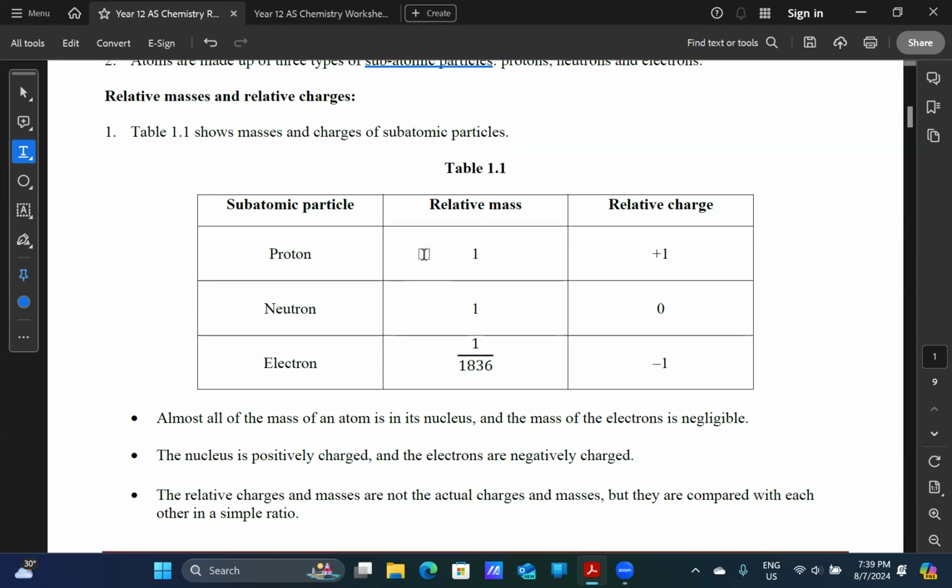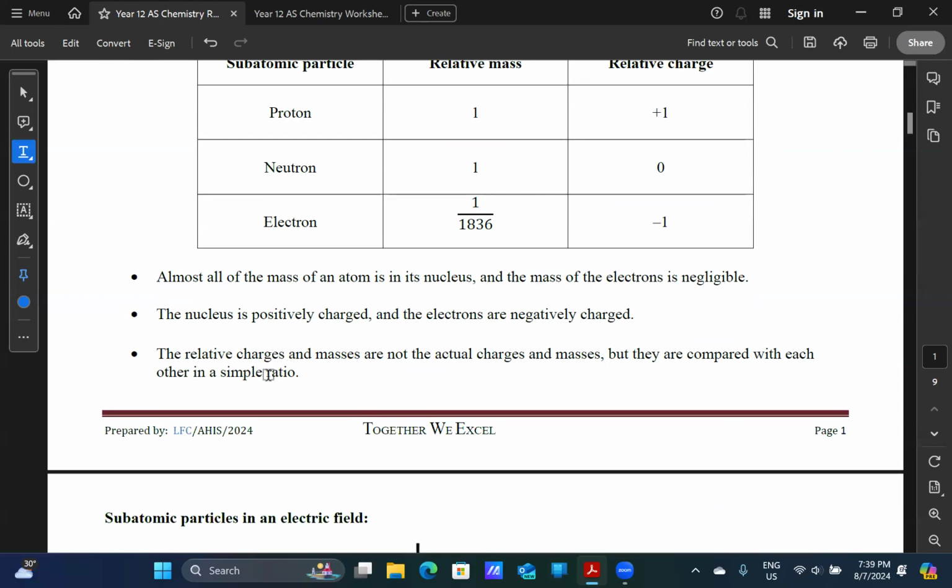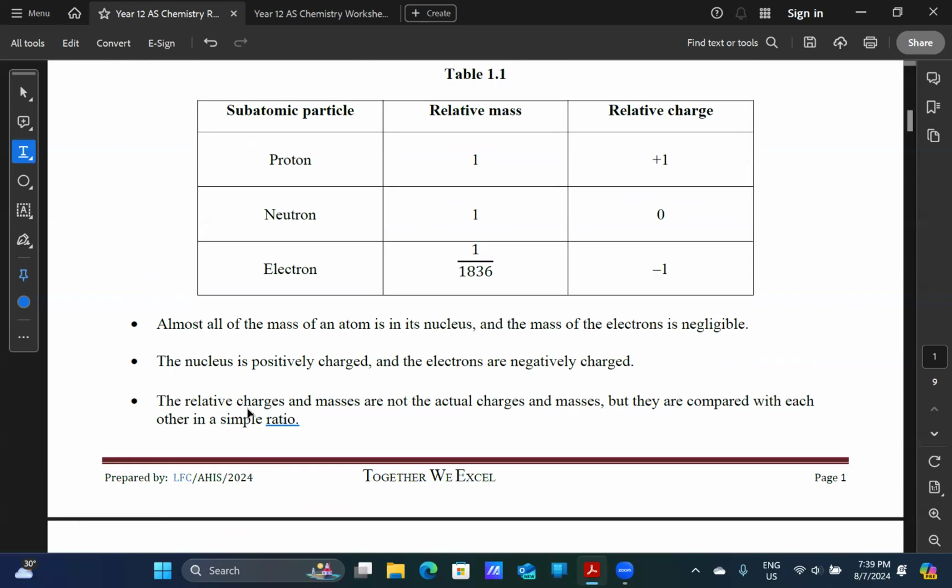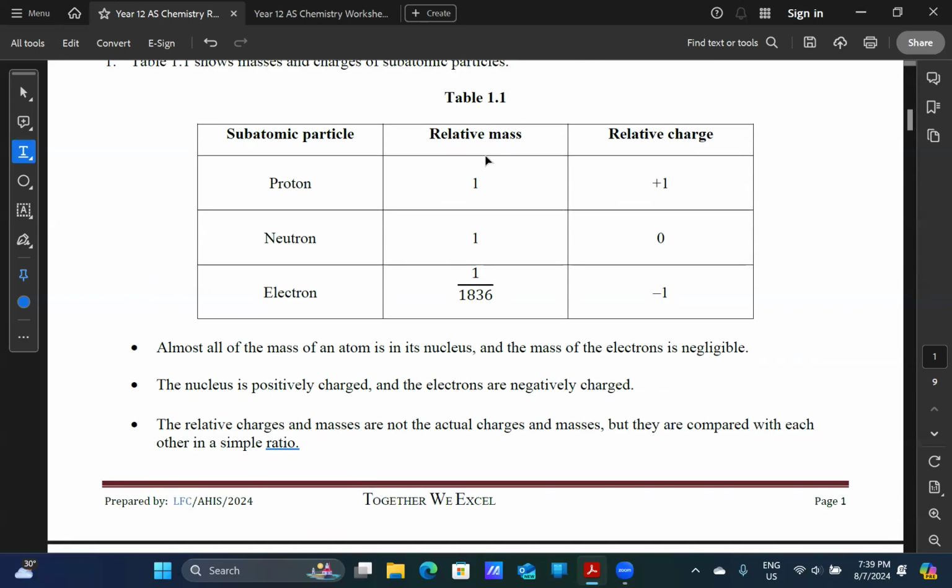That's the reason why the number you see here, 1 over 1,836, these are the ratio. For example, the relative mass of proton is 1, same as the relative mass of neutron is also 1. When you see the ratio is 1 to 1, this indicates that the mass of 1 proton is the same as the mass of 1 neutron.